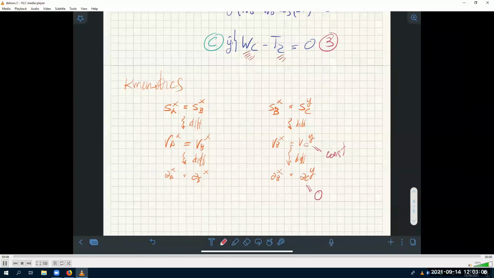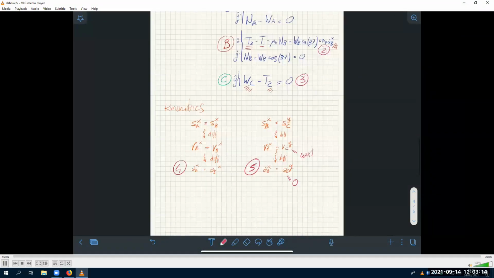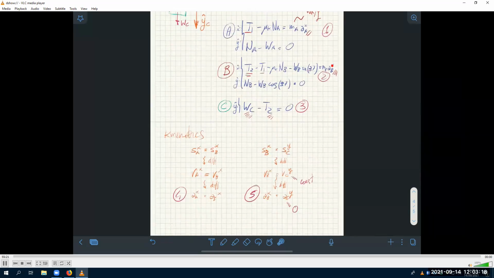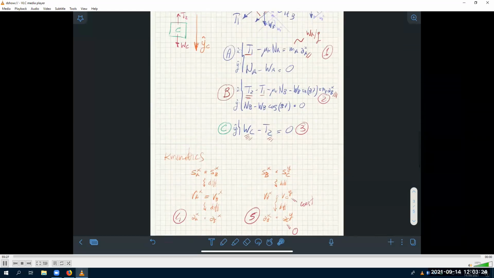So this one is equation 4, and this is equation 5. And there you go, you can solve 5 equations in 5 unknowns. We know that this one is this, which is 0. So you can solve now equation 2. And then you go here and you say that also this is 0. And then you solve equation 1.